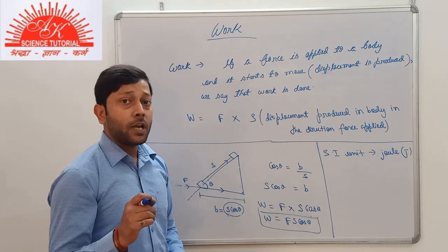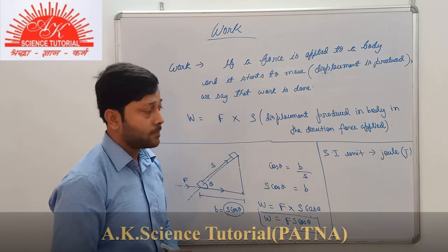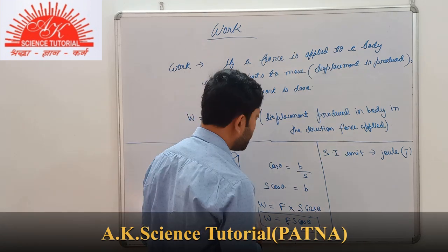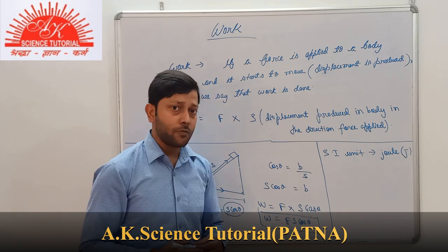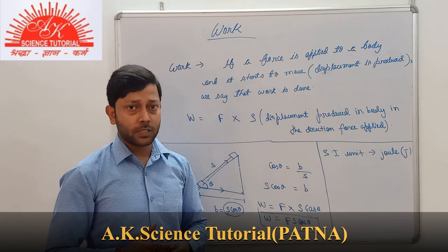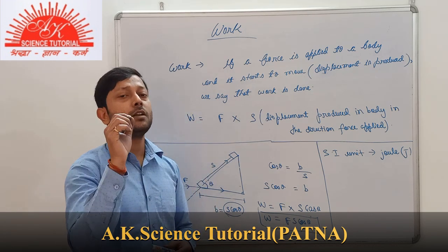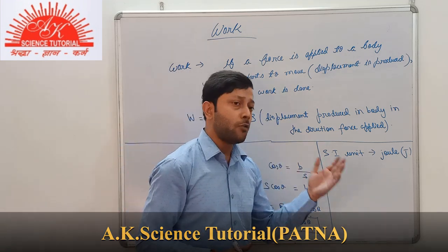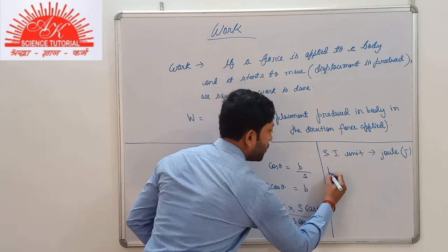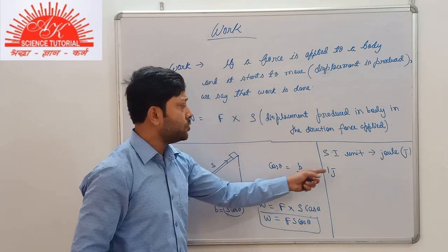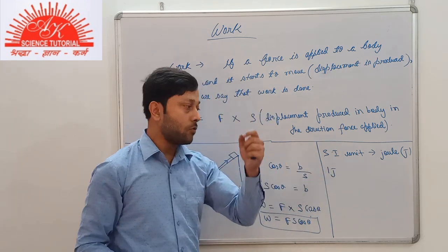If you are asked to define what is 1 joule, what is 1 joule of work done, how will you define it? I told you earlier in the last chapter that if you are asked to define any unit in physics, you firstly write the expression, the formula for that physical quantity. Such as we are being asked to define 1 joule. You know that joule is the SI unit for work.